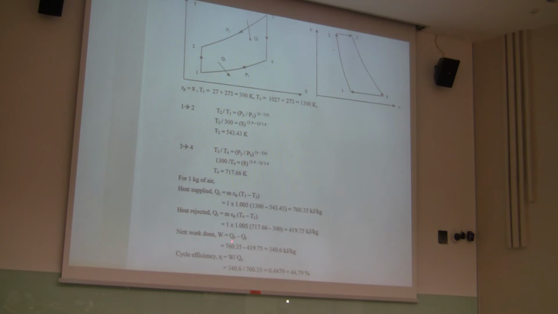So I have here Q supplied over Q rejected. So the next thing is to find out the heat rejected and supplied, and then these two formulas apply, mCp delta T. Very simple, as long as you know the steps.